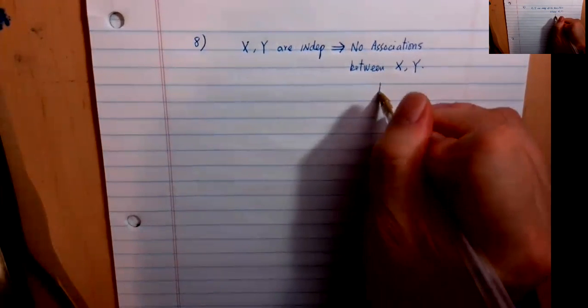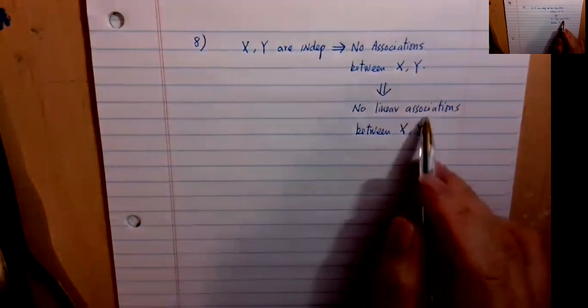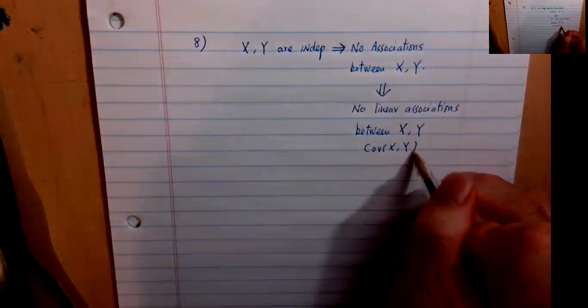X and Y are independent. This implies no associations between X and Y, and this definitely implies no linear association between X and Y. And no linear association between X and Y means covariance XY equal to 0.